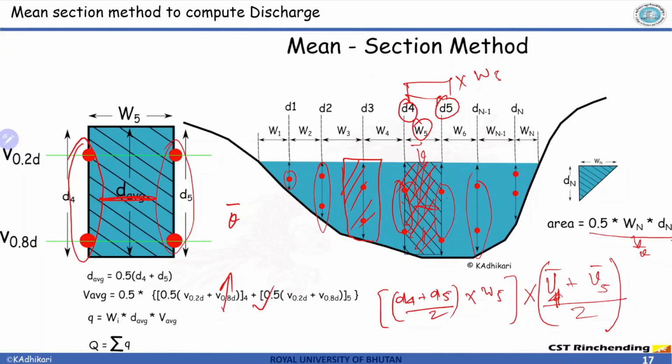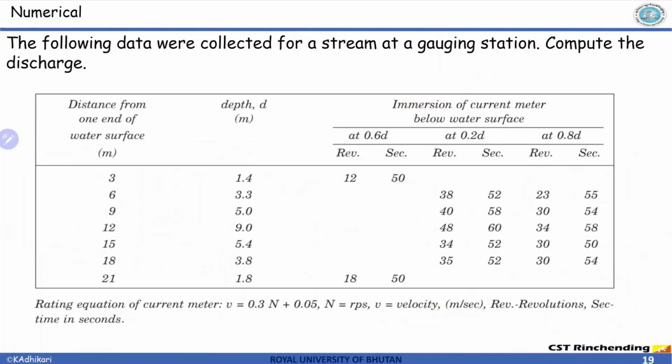With this, let's continue and solve one numerical here. The following data were collected for a stream at a gauging station. Compute the discharge. Here you can see distance from the water surface, which means distance from one end of the water surface. So let's say this is the river, and from here the distance is given.